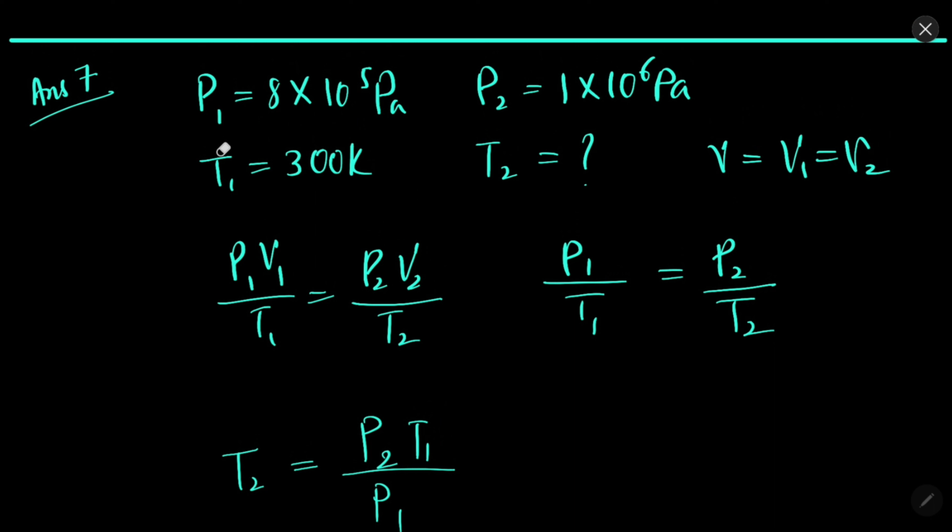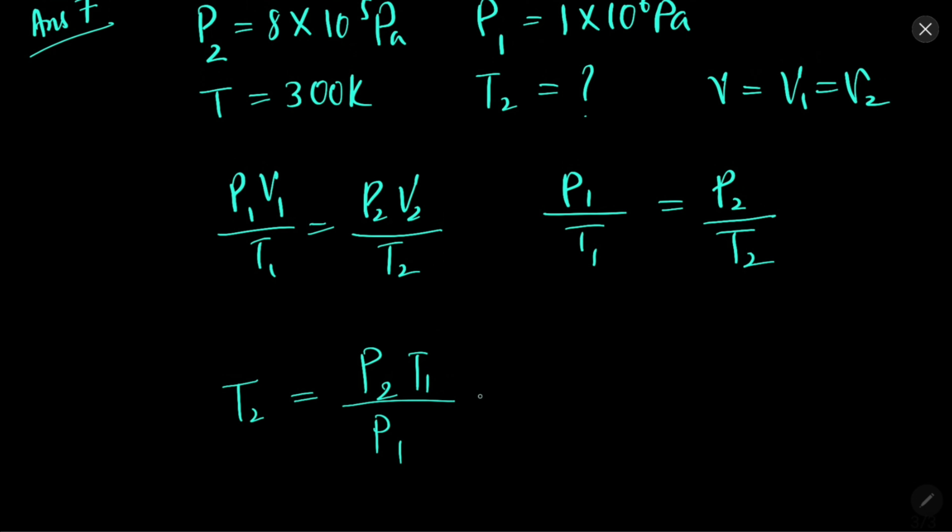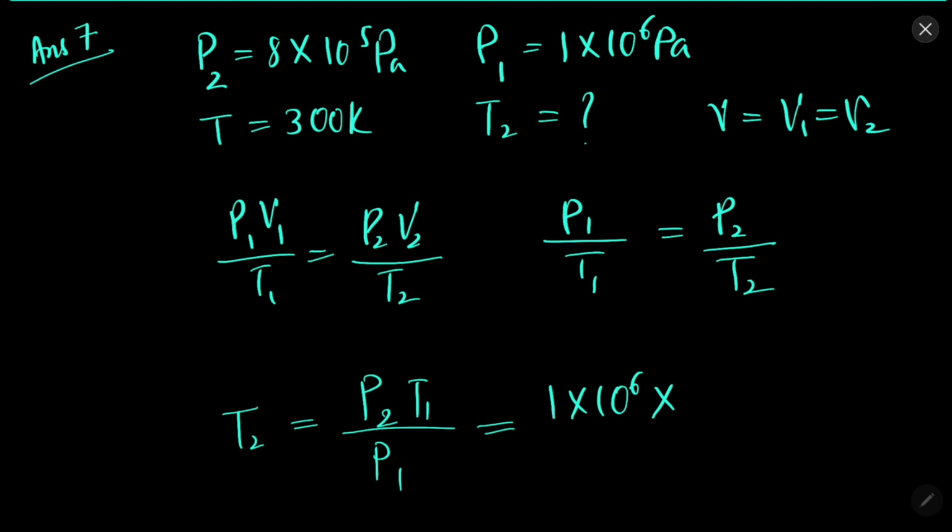Oh, there's a slight mistake here. T2 is... this should be P2 and this should be P1. So 1 into 10 to the power 6 into... no, it's correct.